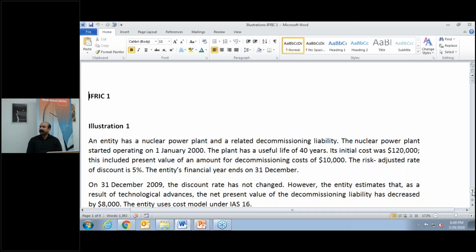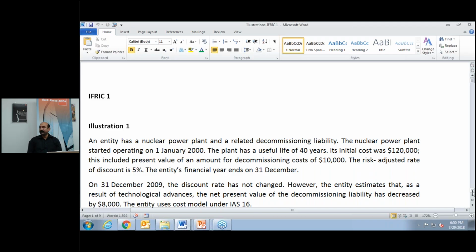The risk-adjusted rate of discount is 5%. The entity's financial year ends on 31st December. On 31st December 2009, the discount rate has not changed. However, the entity estimates that as a result of technological advances, the net present value of the decommissioning liability has decreased by 8,000. The entity uses cost model under IAS 16.